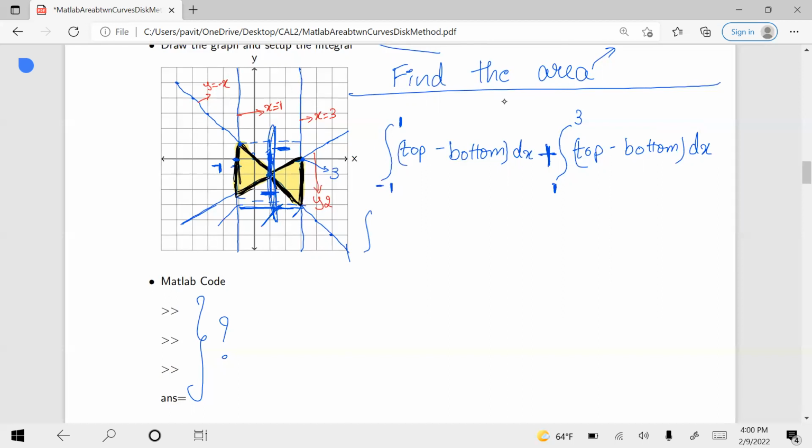Okay, now integration -1 to 1. What is the top function here? We are just solving the first part. So what function is this line? Very good. It is -x. Top function is -x, negative, because we have negative here.